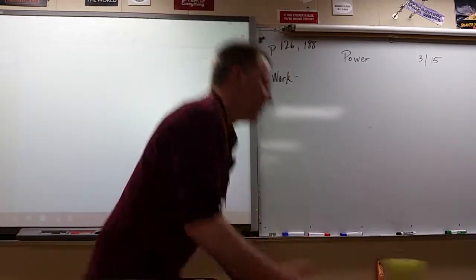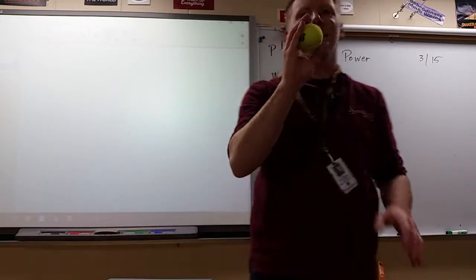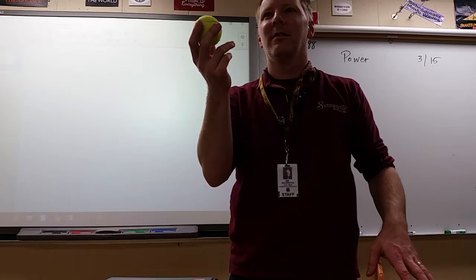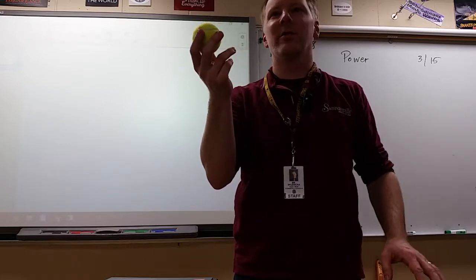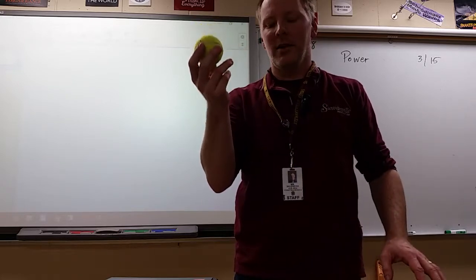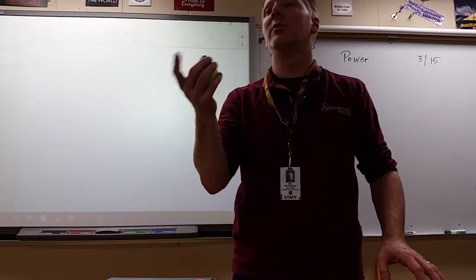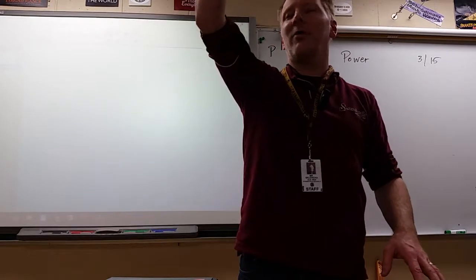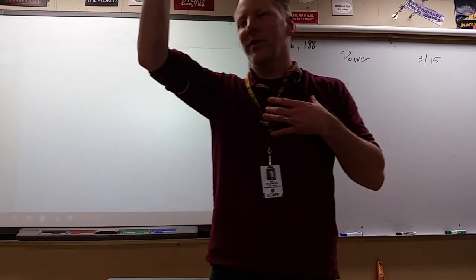So I did work and gave it kinetic energy. What other kind of energy could I give it? Gravitational potential. If I drop it, I wouldn't be doing the work, but gravity would be. Hold it up. That would be adding some energy that I would be doing work on it.